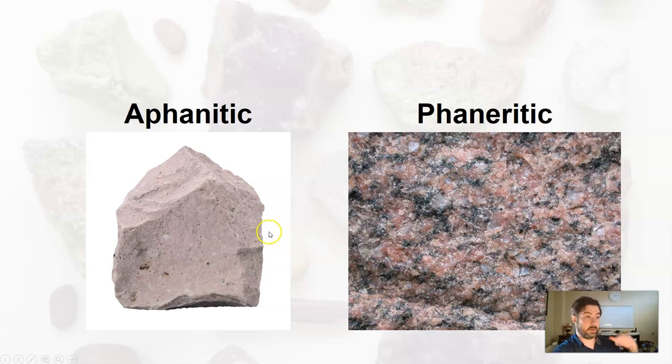But that very same material, if it made its way to the surface and cooled very quickly, has crystal grains I can't see. They're too small. Under a microscope, I might be able to pick it out, but I can't with my naked eye. So these two rocks, granite and rhyolite, can chemically and mineralogically be the exact same thing. It's just different textures depending on where it cooled.